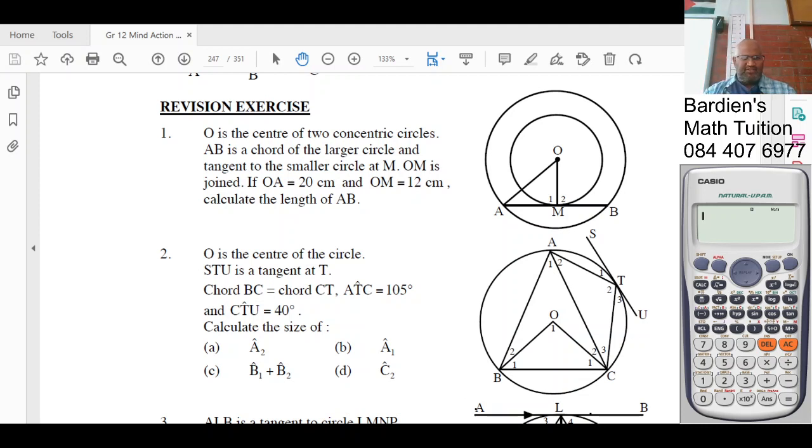So I'm looking at the revision exercise. What page is this on? As I said, our page numbering will now be a bit screwed because of the different textbooks and all of those things.